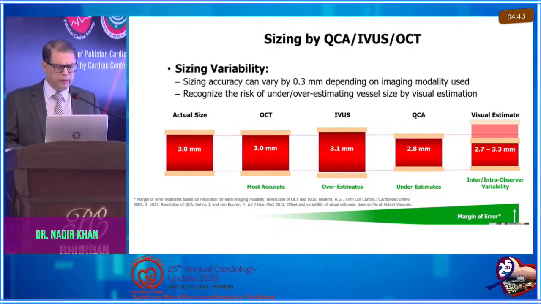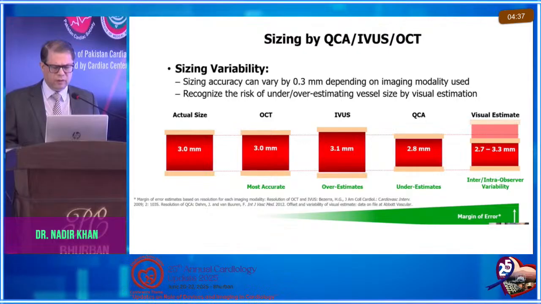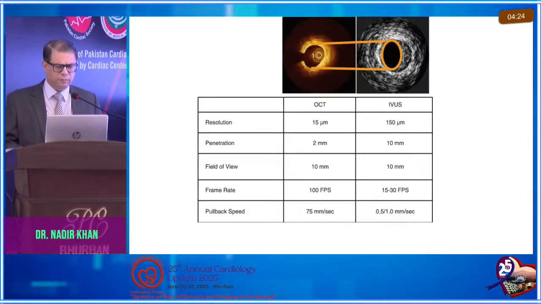Regarding sizing variability between the different modalities, OCT is the most accurate, IVUS slightly overestimates, QCA underestimates, and with visual estimation there is too much inter-observer variability. Compared to IVUS, the penetration power of OCT is less.